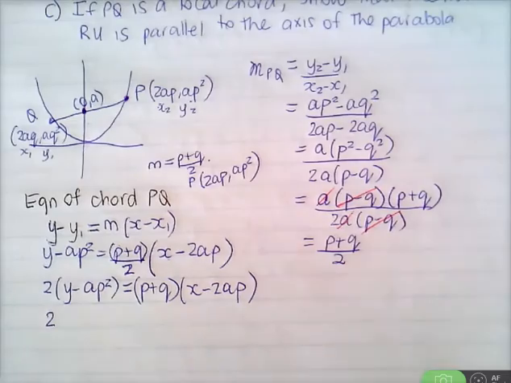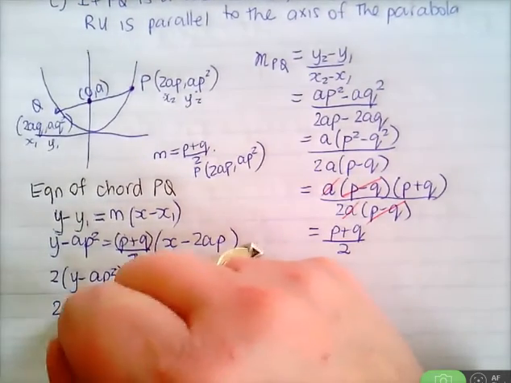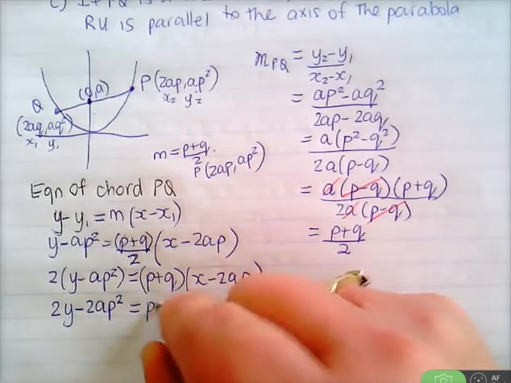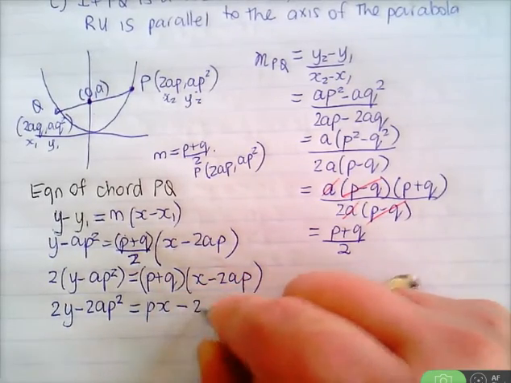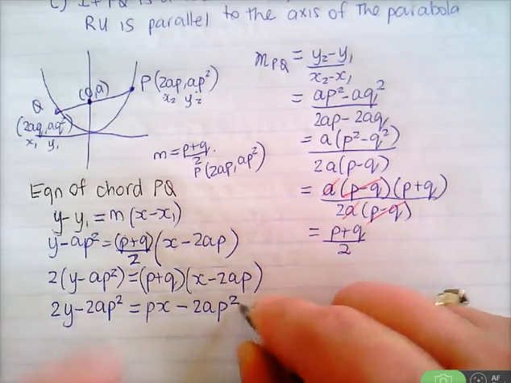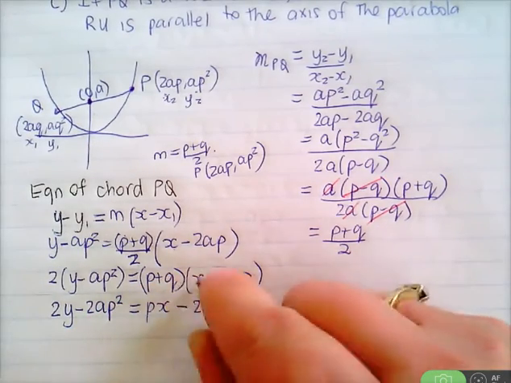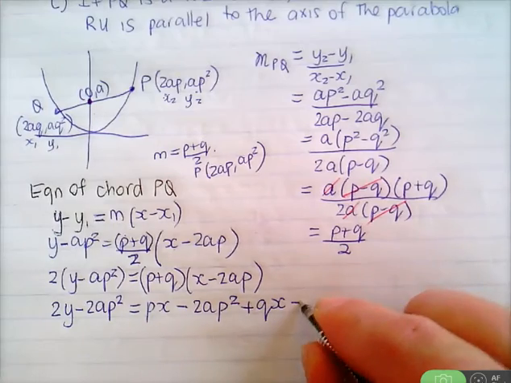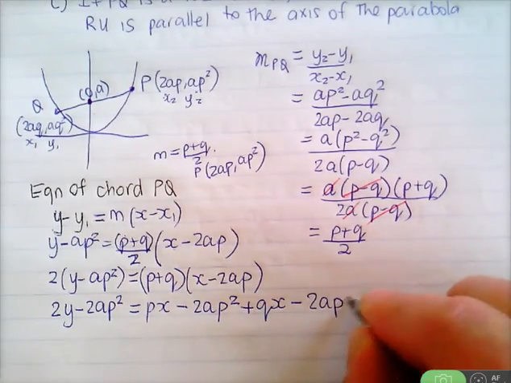So let's expand. What do we got? 2y minus 2AP squared equals Px minus 2AP squared plus xQ, or Qx, minus 2APQ.